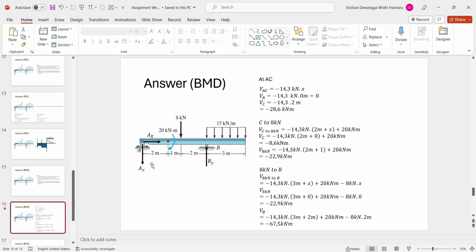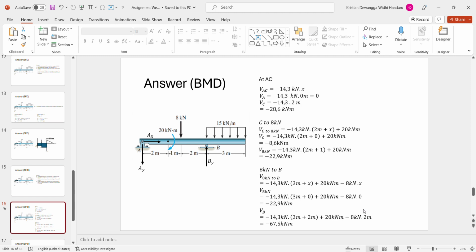And V at 8 kilonewton equals minus 14.3 kilonewton multiplied by 2 plus 1 plus 20 kilonewton meter equals minus 22.9 kilonewton meter. For 8 kilonewton to B, V equals minus 14.3 kilonewton multiplied by 3 meter plus X plus 20 kilonewton meter minus 8 kilonewton multiplied by X. At X equals 0 it equals minus 22.9 kilonewton meter.